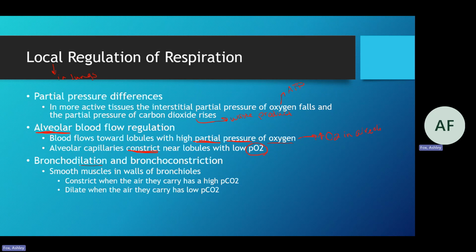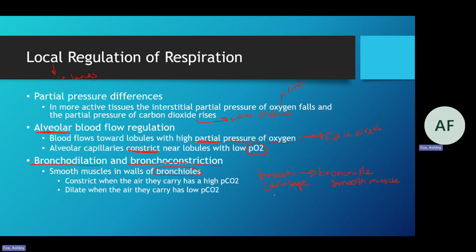We also have, again, bronchodilation and bronchoconstriction. Remember smooth muscles in the bronchioles. When we change from bronchi, and the many types, so segmental bronchi, and you go into bronchioles, you change from mainly cartilage to smooth muscle.